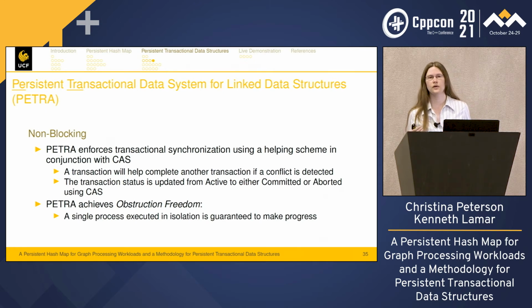And so this is how we are able to enforce transactional synchronization without explicit locking. This way we avoid potential deadlock scenarios or anything that might prevent progress. So Petra achieves obstruction freedom. This means that a single process executed in isolation is guaranteed to make progress. We're not lock-free because we have the potential for infinite helping recursions if two transactions attempt to access nodes in opposite order.